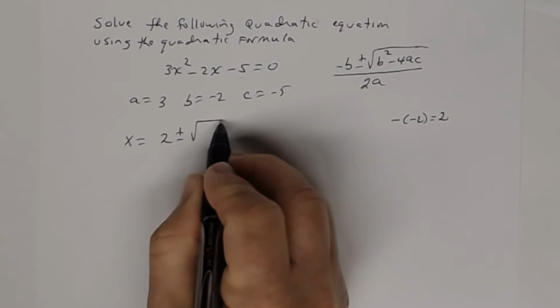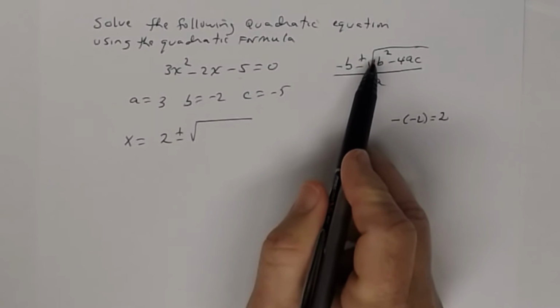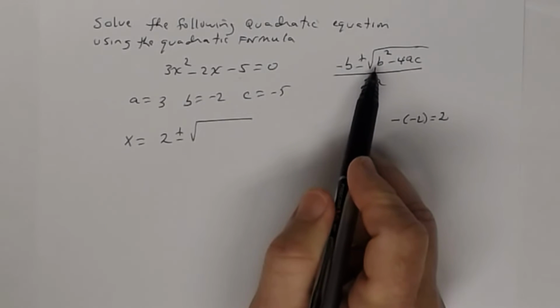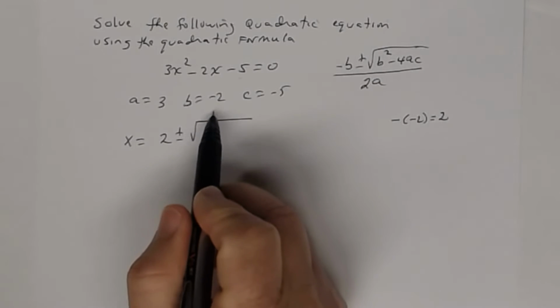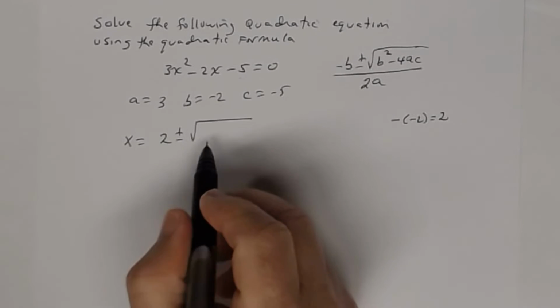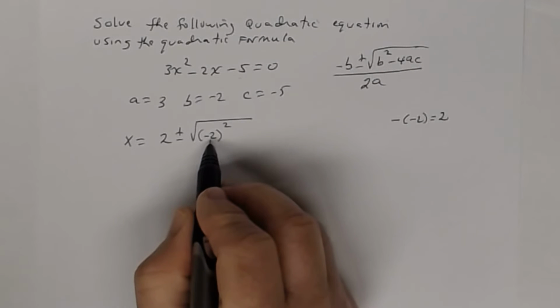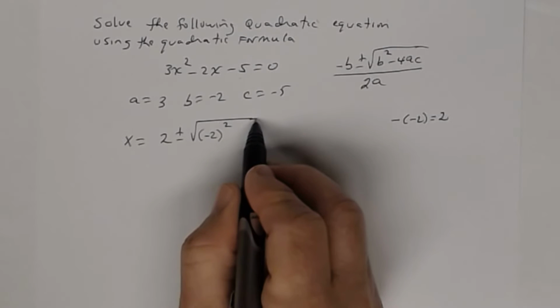Plus or minus the square root of, now remember b is being squared. So b squared should never be negative. So you need to be careful when you square this negative 2. It needs to be put in parentheses because that's what's being squared. Negative 2 times negative 2 is a positive 4.